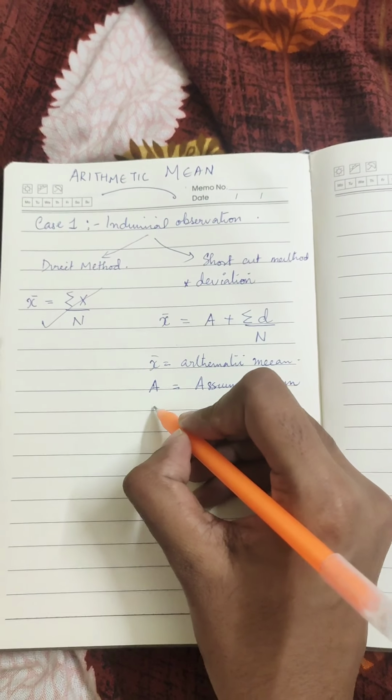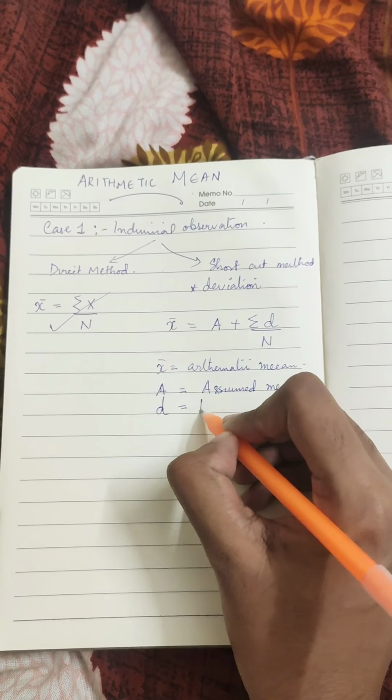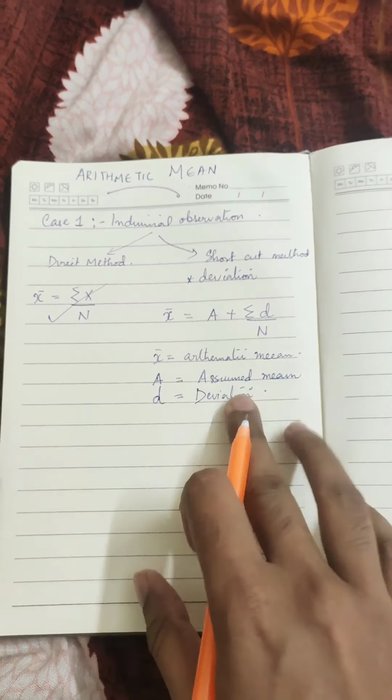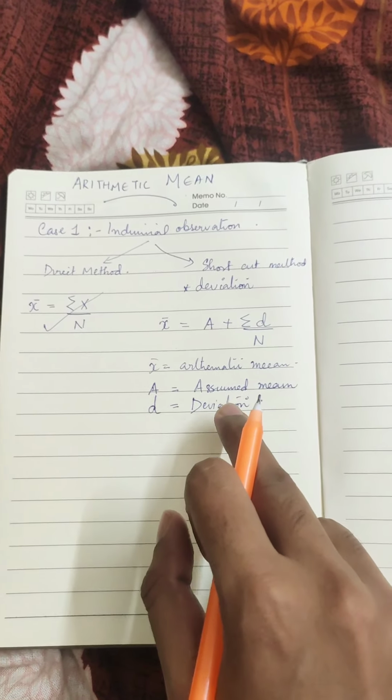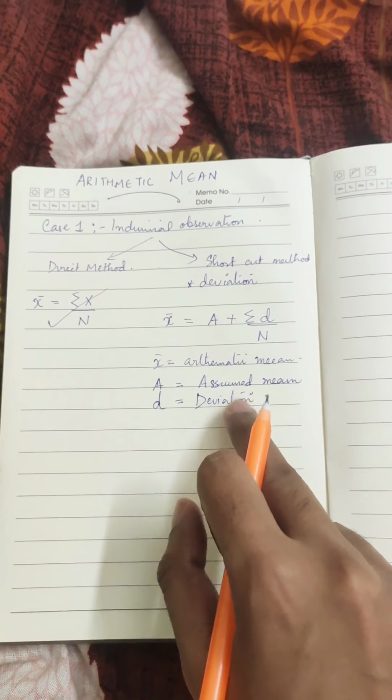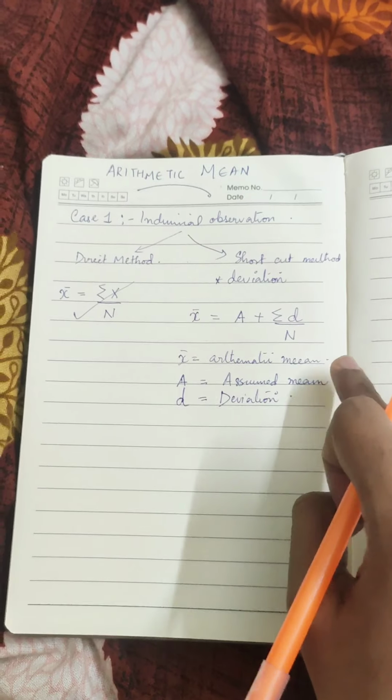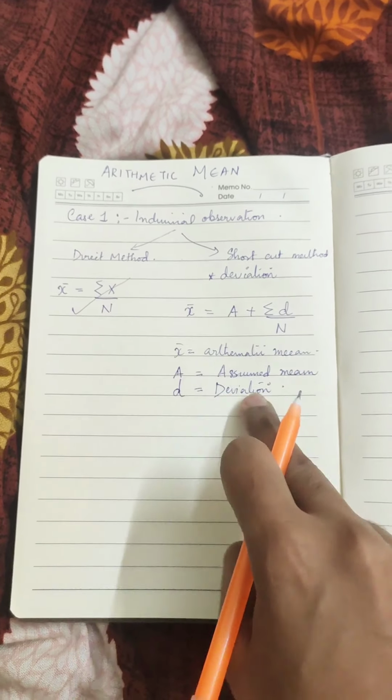Okay, then there is the d. d is the deviation. The deviation is nothing but the deviation of the value of the variable from your assumed mean. Whatever you have assumed, from that, how much is the deviation of your value.